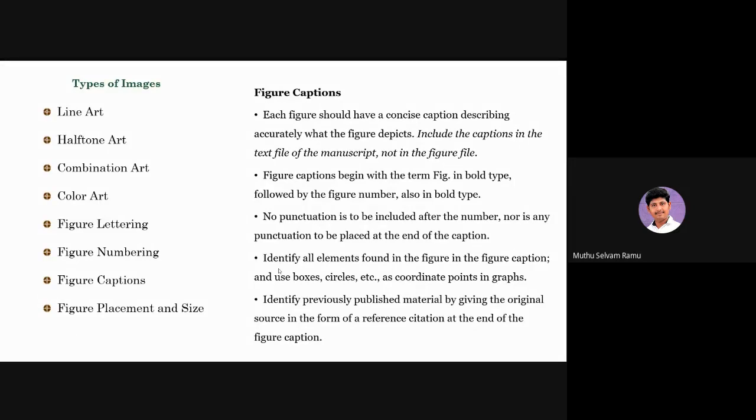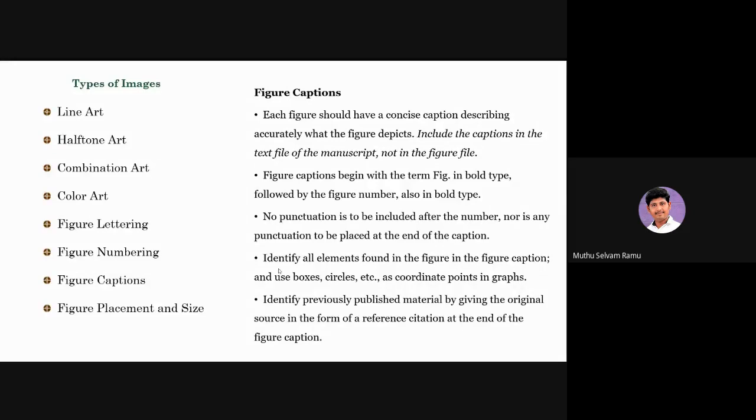Coming to the fourth point: identify all elements found in the figure caption, and use boxes, circles, etc. as coordinate points in graphs. Everything you have given in the picture should be explained at the end, in the caption, the text of the figure or table, the display material.